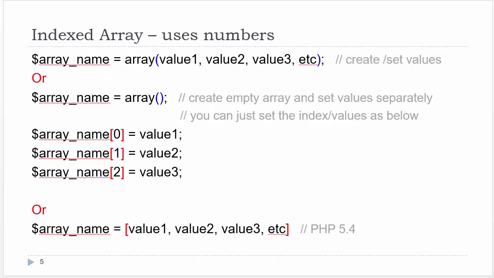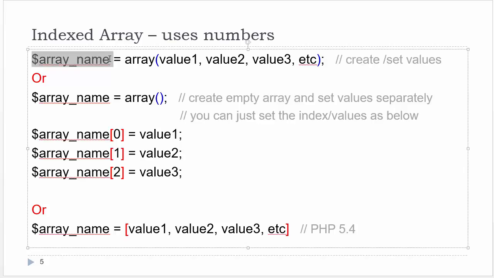Let's take a look at creating a simple indexed array. There are three ways to create it. You can use the shorthand. First, you would declare the name of the array, whichever you want, and then you would assign the values.